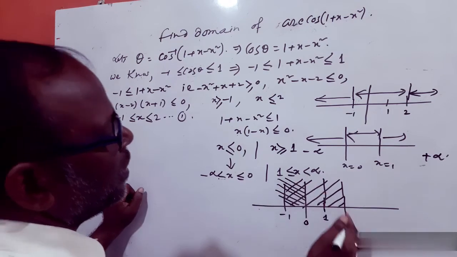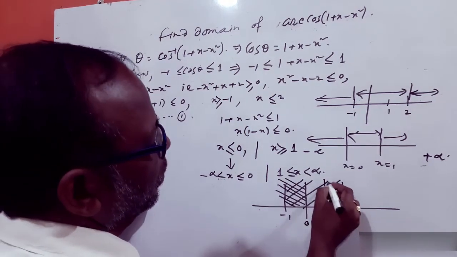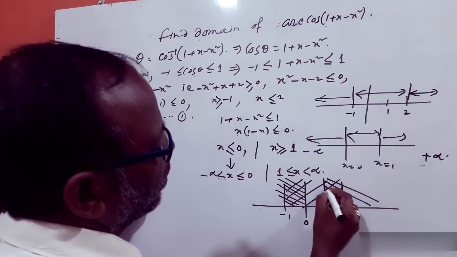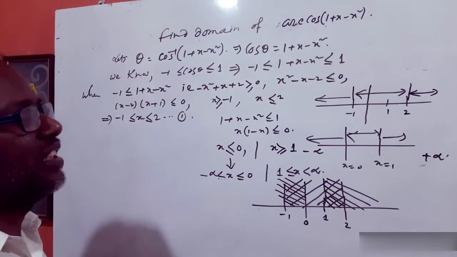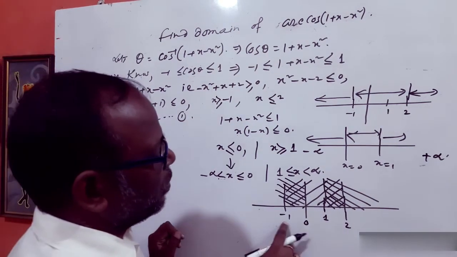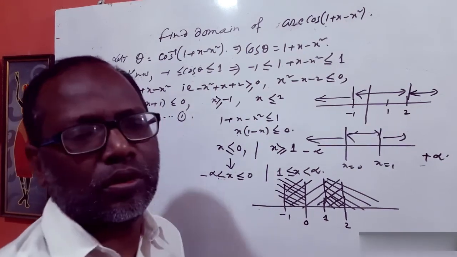Again 1 to infinity, so this is your common region. The double intersecting part is -1 to 0 and 1 to 2. This is your domain.